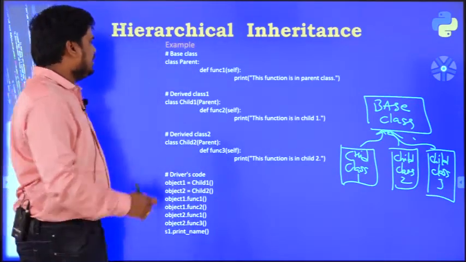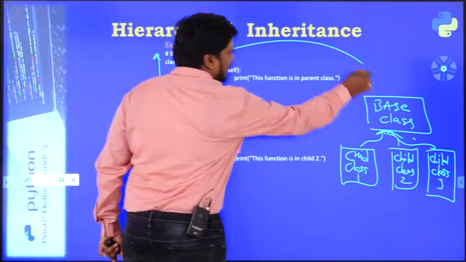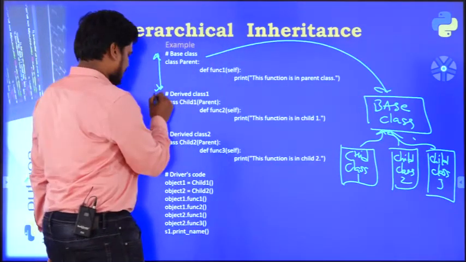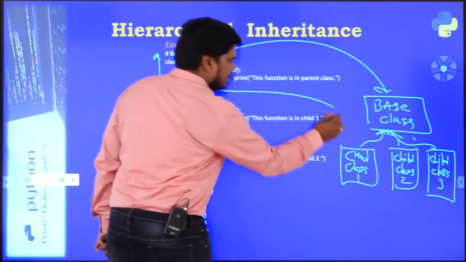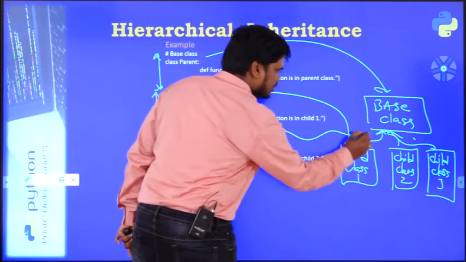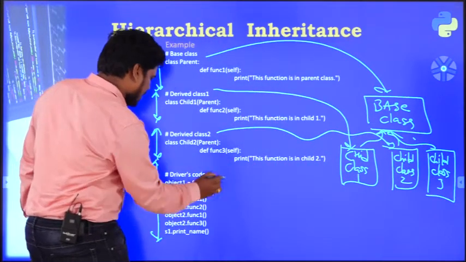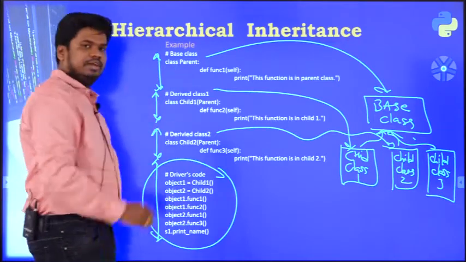And observe carefully, here I am having one base class, and here I am having one derived class, and one more derived class, and in order to call all of this, I am having a driver code here.